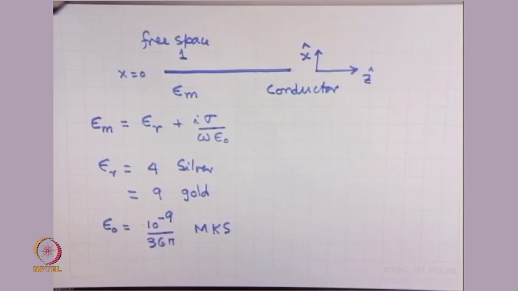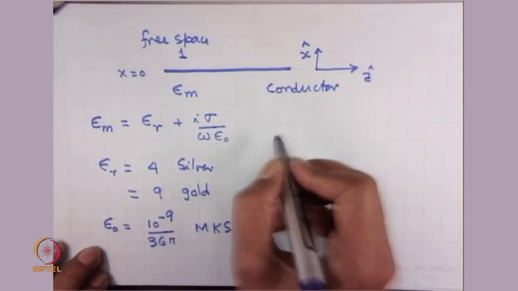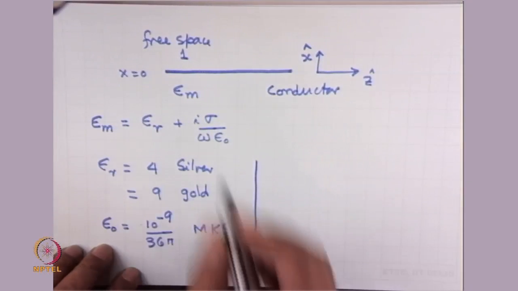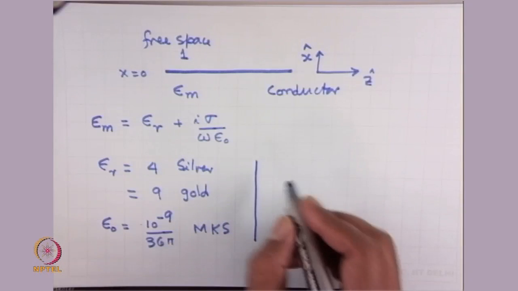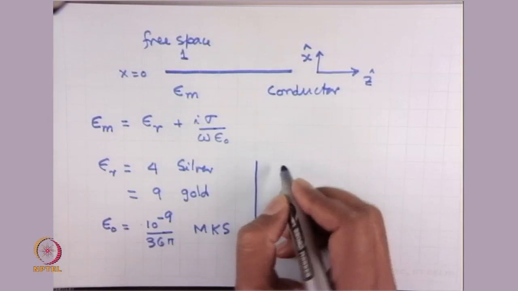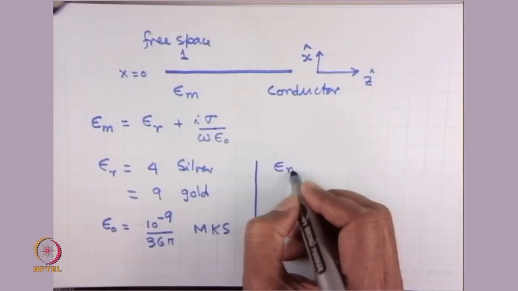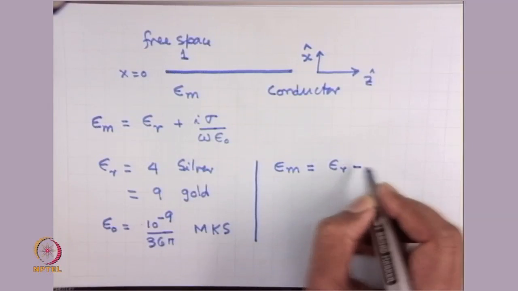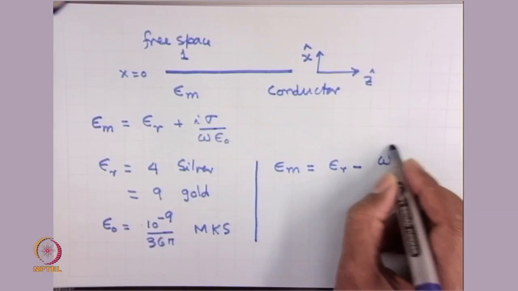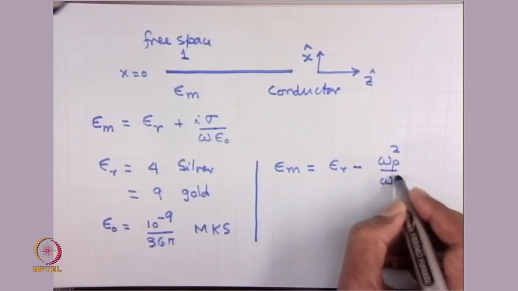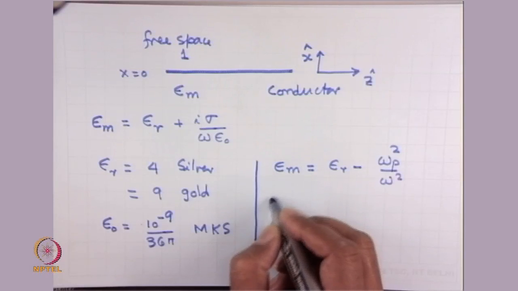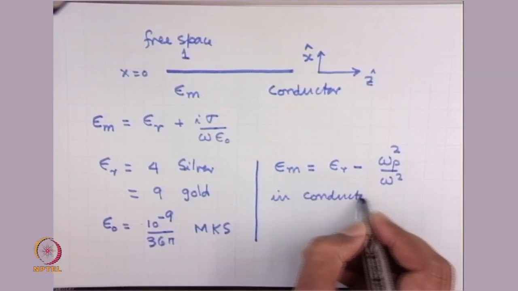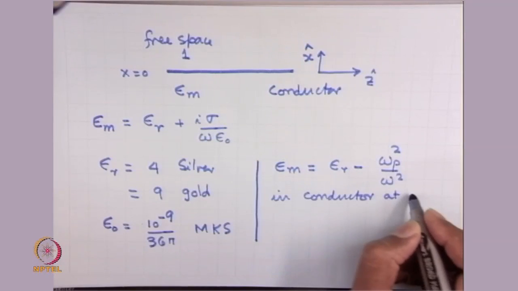Now, in case of plasmas, this expression simplifies. Even for a conductor this simplifies if I put the expression for conductivity and ignore collisions. Then epsilon m is equal to epsilon r minus omega p square over omega square in a conductor at high frequency.